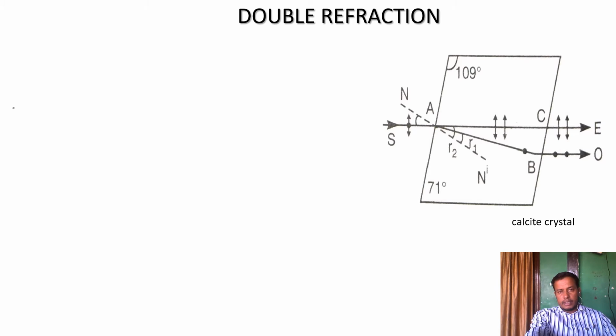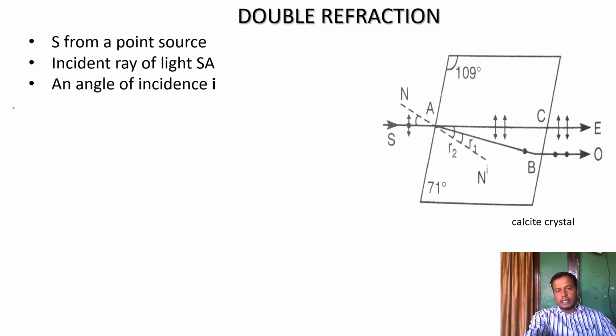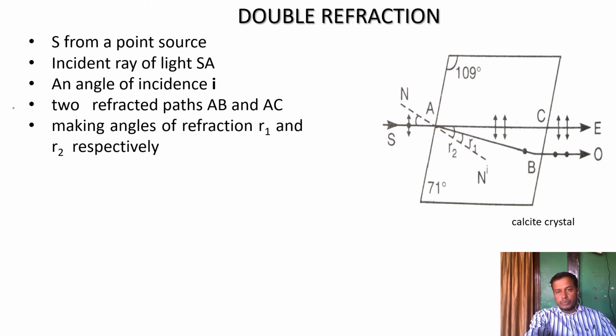Let me explain this double refraction. Light from the source hits the calcite crystal with an angle of incidence i, and inside the crystal it follows the two paths AB and AC. These are the two refracted paths with refracting angles r1 and r2. The two rays are refracted inside the calcite crystal.